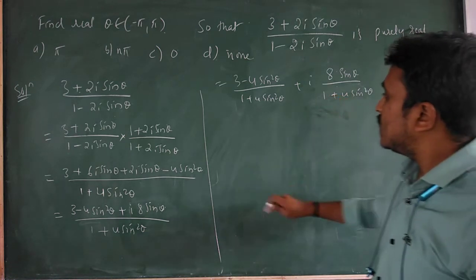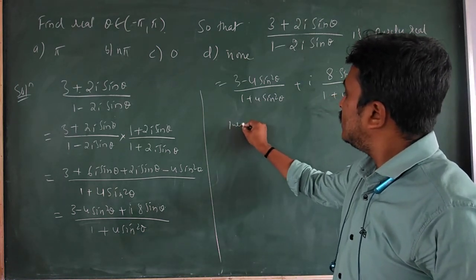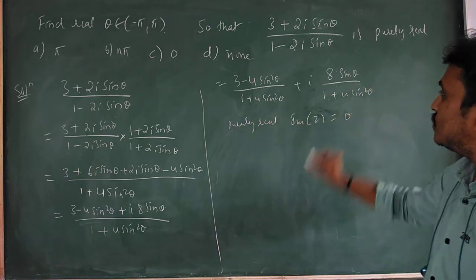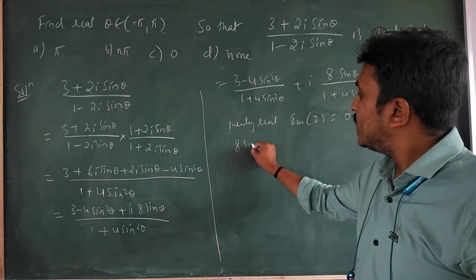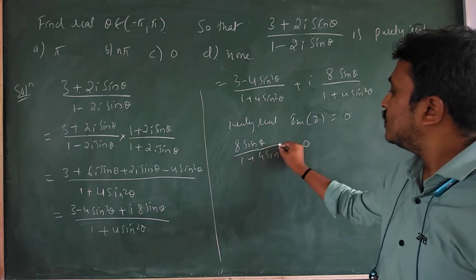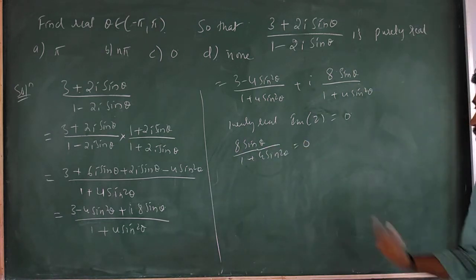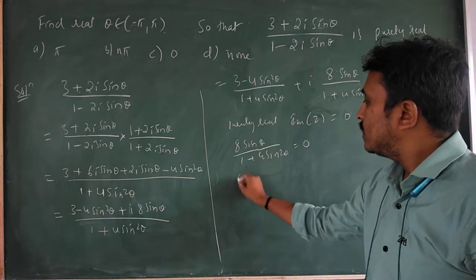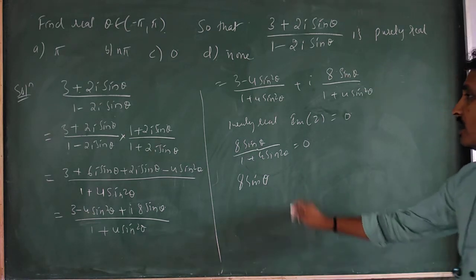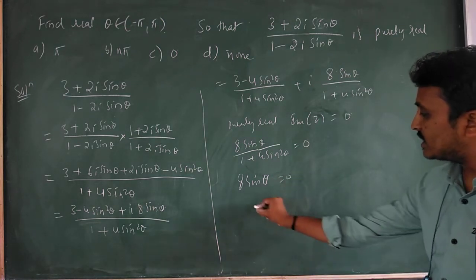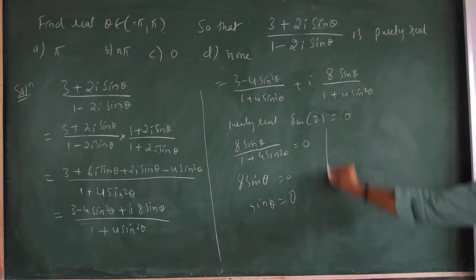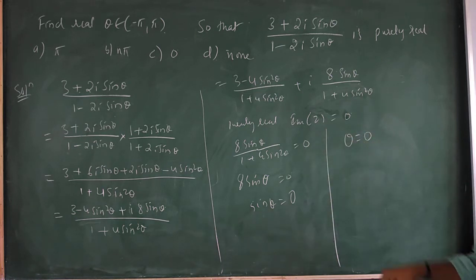This is purely real, so the imaginary part of z equals 0, so 8 sin theta divided by 1 plus 4 sin square theta equals 0, so 8 sin theta equals 0, so sin theta equals 0, which means theta equals 0 and pi also.